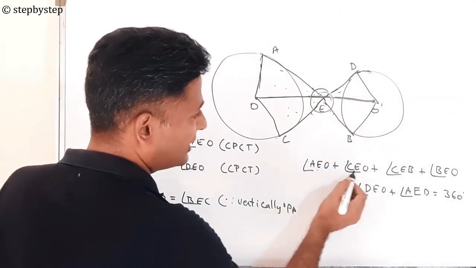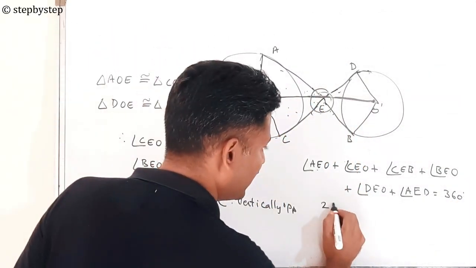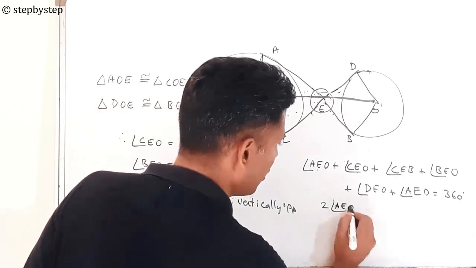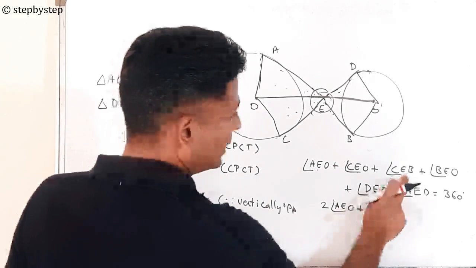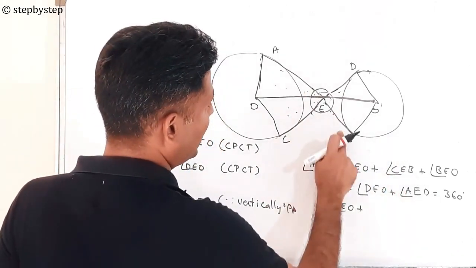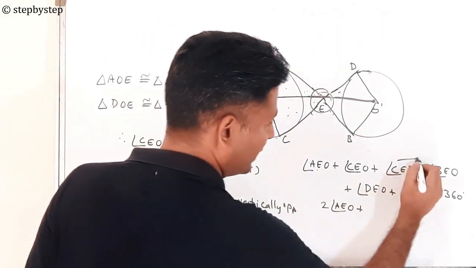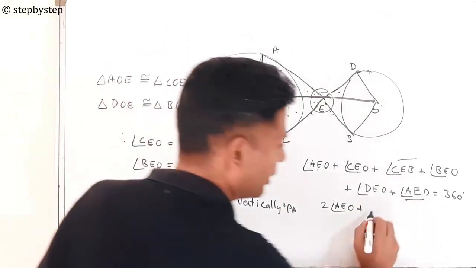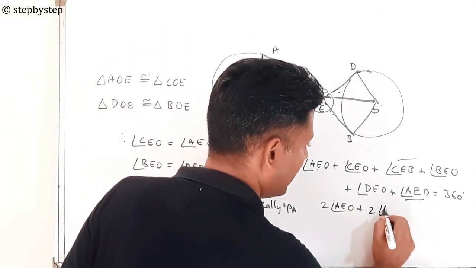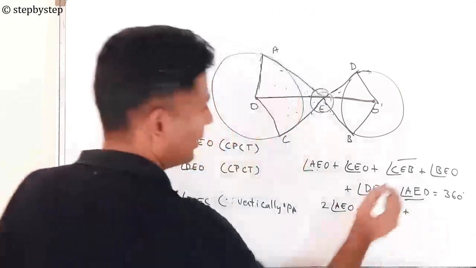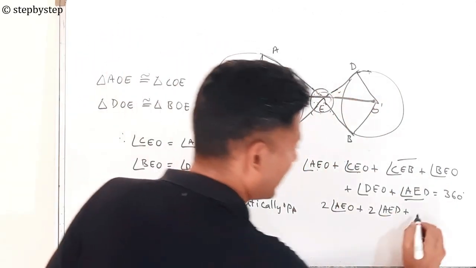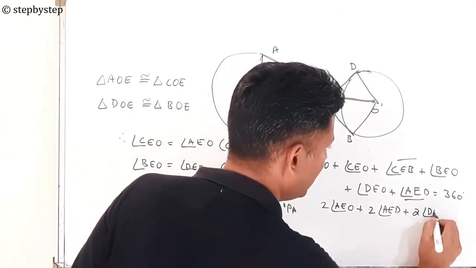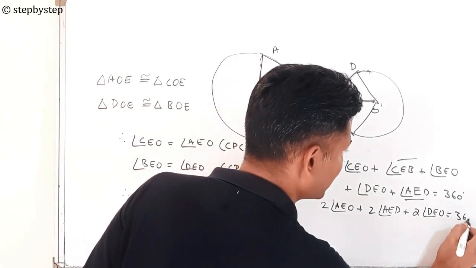But AEO and CEO are equal, right? So I can write it as 2 times AEO plus, here CEB and AED are equal, so I can write it as 2 times AED, plus BEO and DEO are equal, so I can write it as 2 times DEO equal to 360.